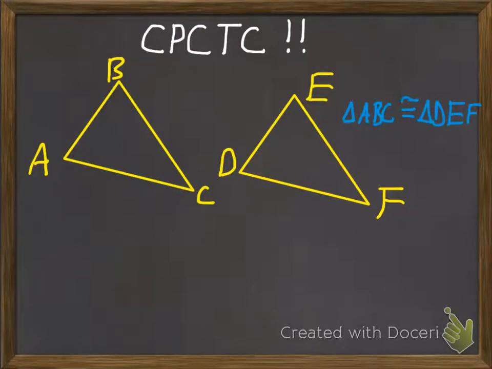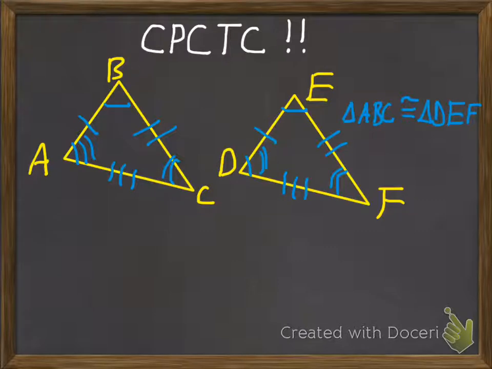So, just me telling you this allows you to conclude that segment AB is congruent to segment DE, segment BC is congruent to segment EF, segment AC is congruent to segment DF, as well as being able to say that angle B is congruent to angle E, angle F is congruent to angle C, and angle A is congruent to angle D, right? Anytime two triangles are congruent, that means that all the corresponding sides and the corresponding angles in those triangles are congruent to one another. And that's the idea behind CPCTC.